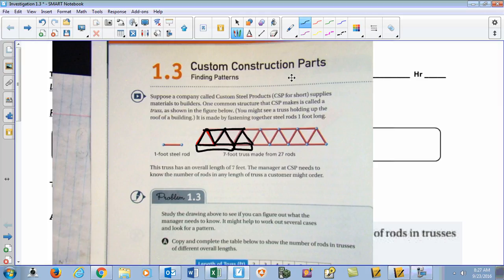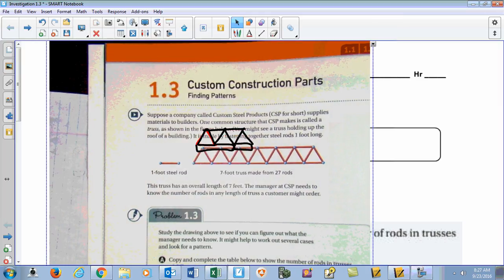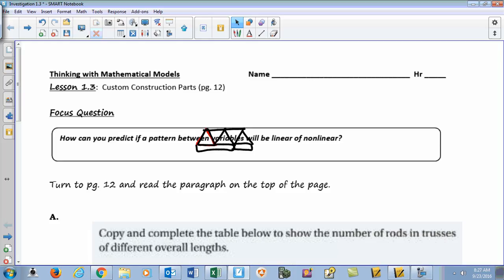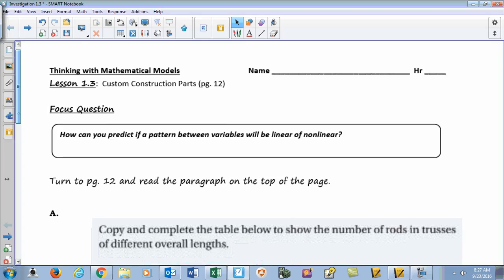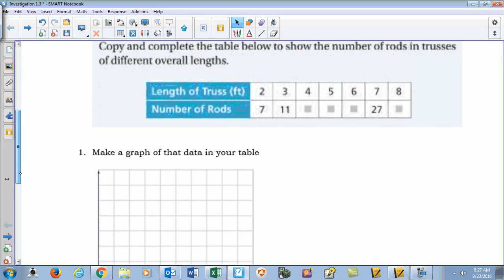So with your group, all right, the table's been copied for you. Your goal for the next 10 minutes, we'll check in with you in 5 and see where you're at, is to fill in those missing values of the table and make a graph of those points.